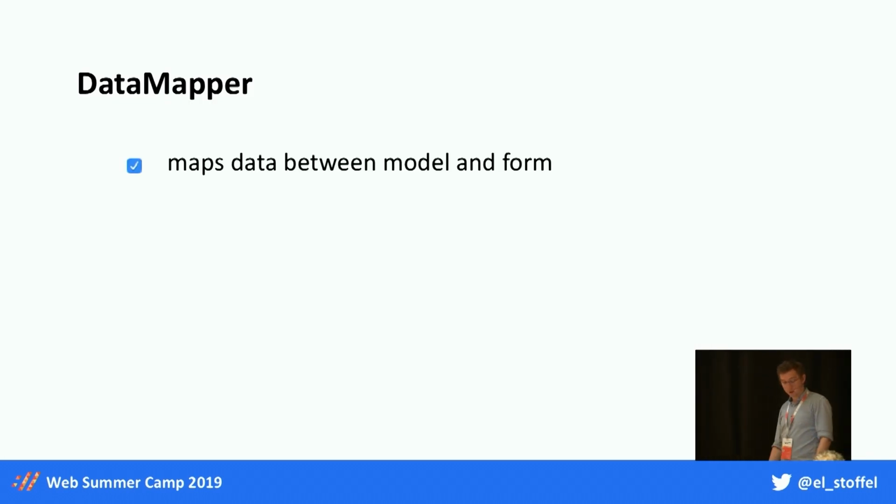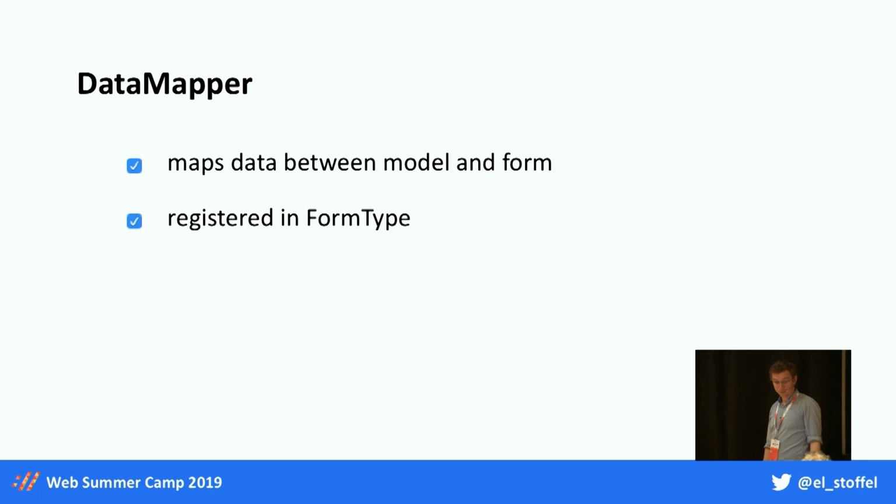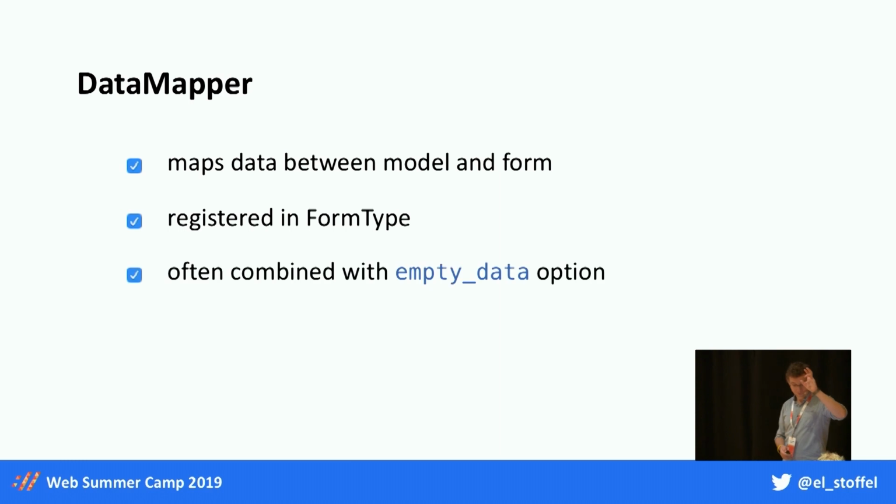So the purpose is to map data between model and form, and we register it in the form type. That's what I mean when I say we configure behavior in the form type, because we use the form type to tell the component, oh, we need a special data mapper in this case.